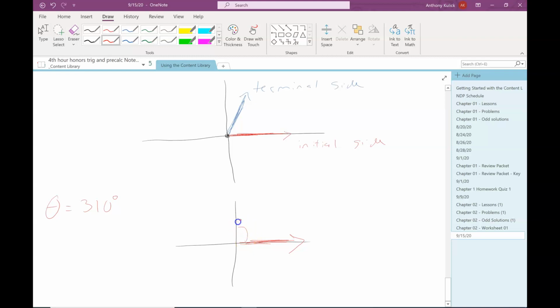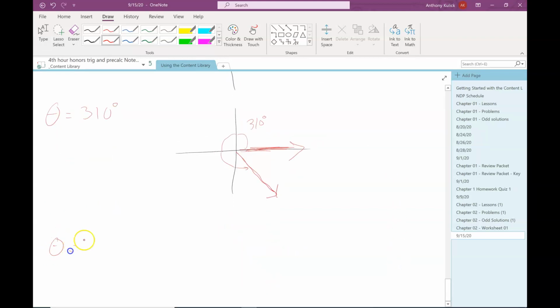So here's 90, 180, 270, and about 40 more. I'm just estimating. And that's our 310-degree angle. We're always going to be rotating for a positive angle counterclockwise, so going to the left.